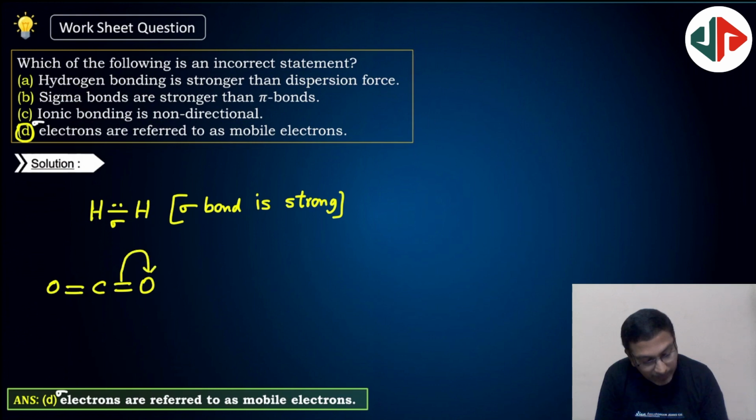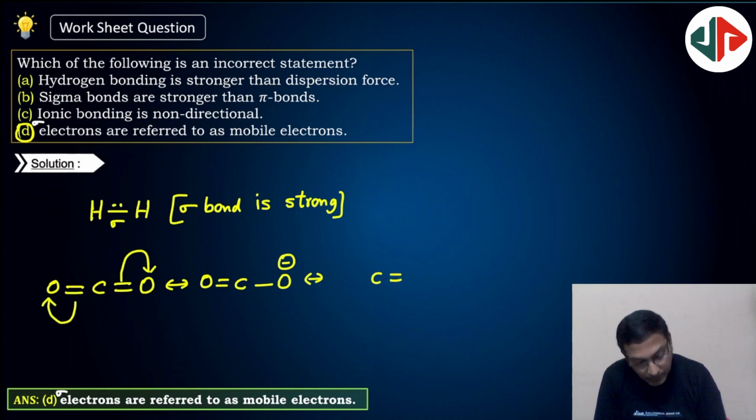Pi bond will be migrating like this, or from this direction. C double bond O and O minus.